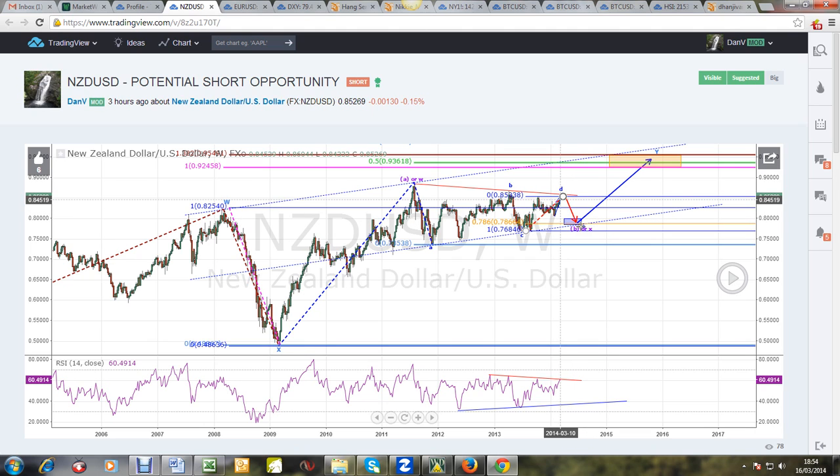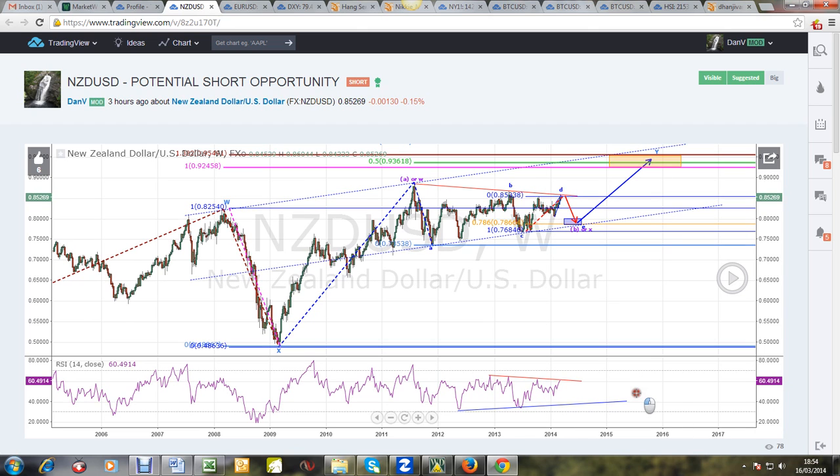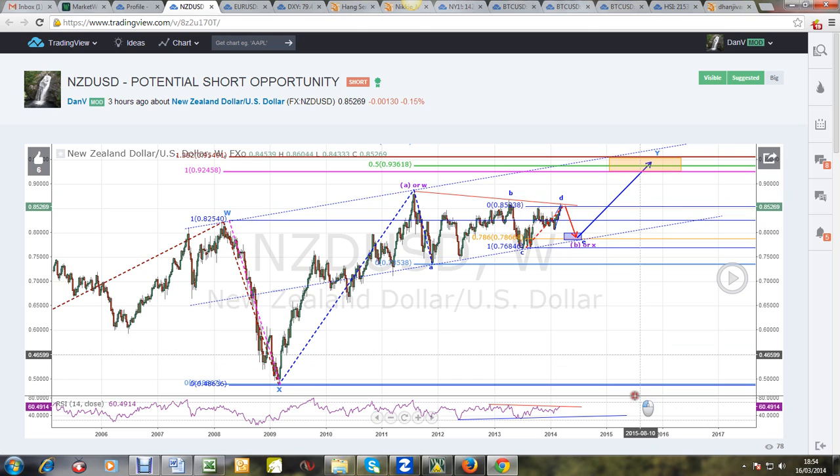a sharp decline, and one of the other things that we may have covered in the past, or we might do in the future, is that in this kind of a triangle, each leg is a 3 swing. In fact, we will do that in the Bitcoin in a moment. Each leg is a 3 swing.